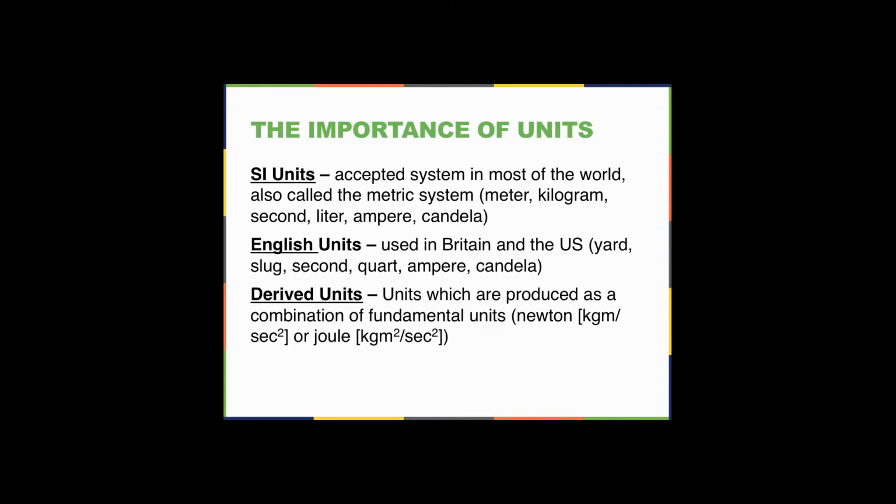Now, derived units are units that are produced by a combination of fundamental units. For example, acceleration is the increase in velocity divided by the time it takes to increase the velocity, and velocity is the distance covered over time.